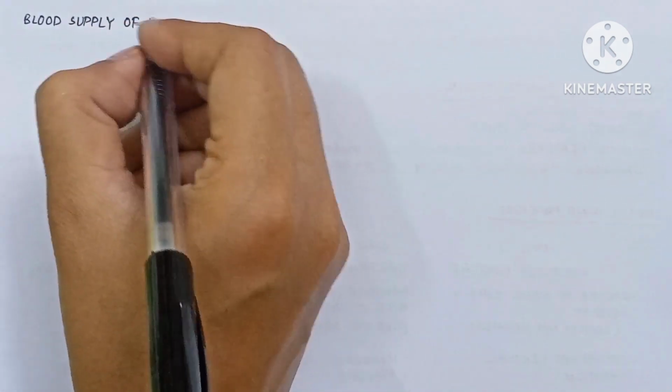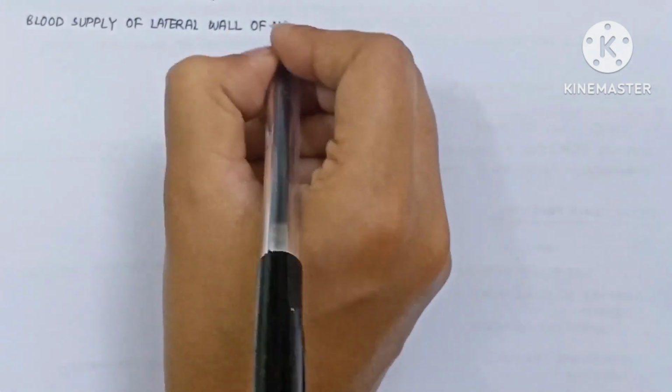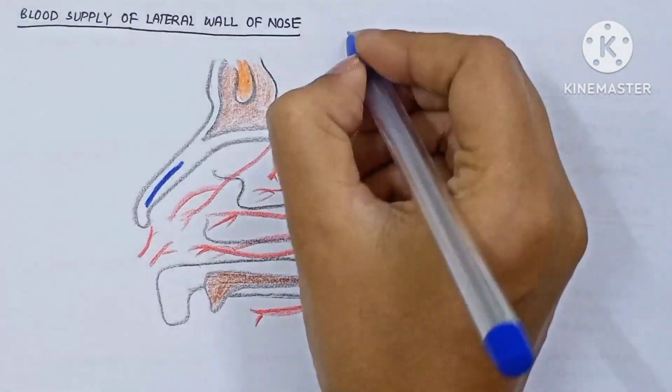Now the blood supply of the lateral wall of the nose. It is also supplied by the internal carotid and the external carotid artery systems.